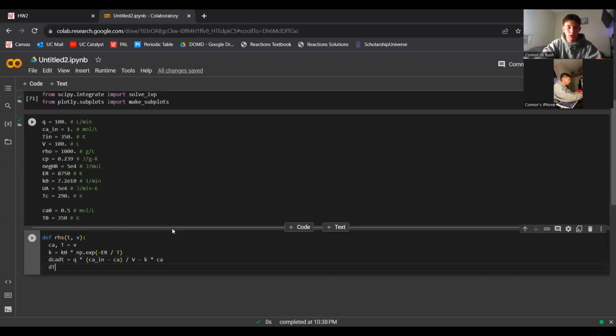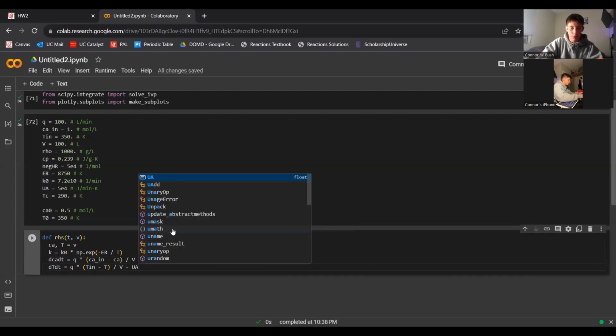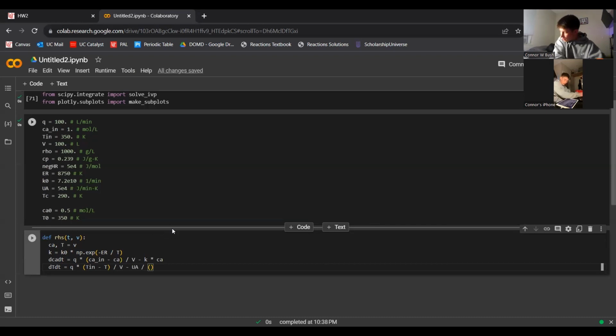And then dT dt is equal to 3 terms. So we have the flow rate Q multiplied by the difference in temperatures divided by volume, and we're subtracting UA divided by heat capacity multiplied by density multiplied by volume. So that's all in the denominator. Multiplying this by the difference in the temperature of the reactor and the cooling temperature.